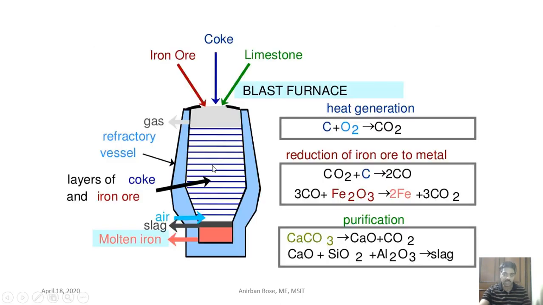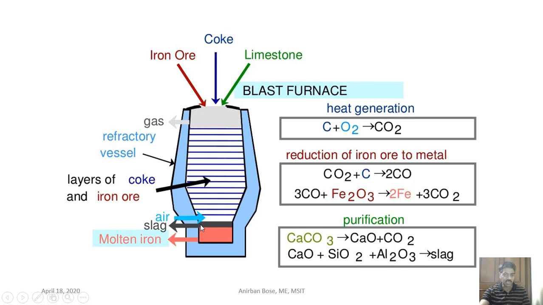Here you can see some of the basic reactions that take place within the blast furnace. You can see how iron is actually reduced and iron is formed. And here you can see how the slag is formed, like calcium oxide, silicon oxide, aluminum oxides.